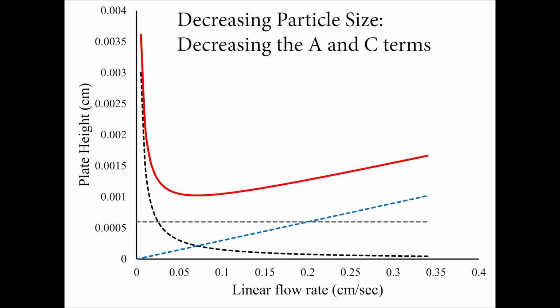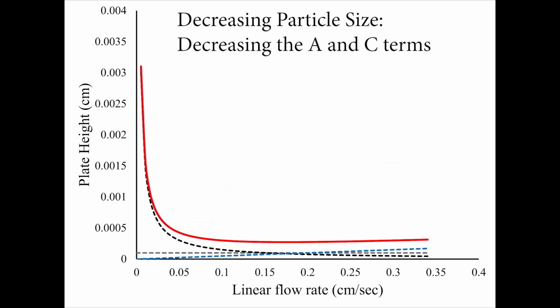both the A term and the C term decrease as we decrease the particle size. There's a few important points here. First of all, the overall efficiency, the plate height, got much better. It got lower. The minimum plate height got lower because that A term is dropping. Second of all, when you decrease the C term, the slope on the right side definitely flattens out.